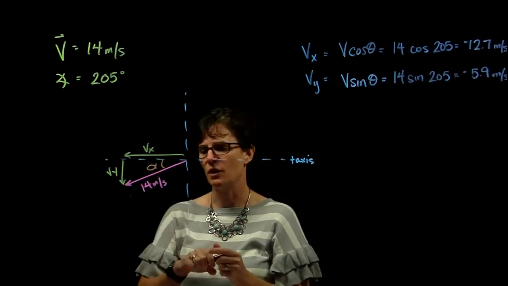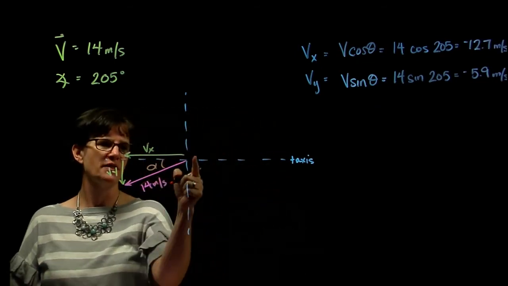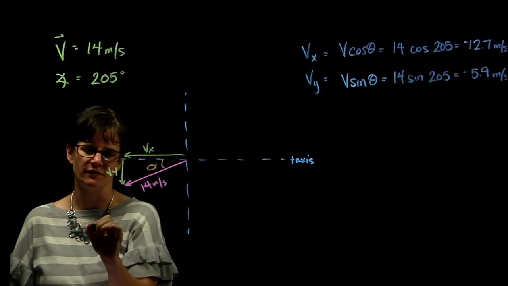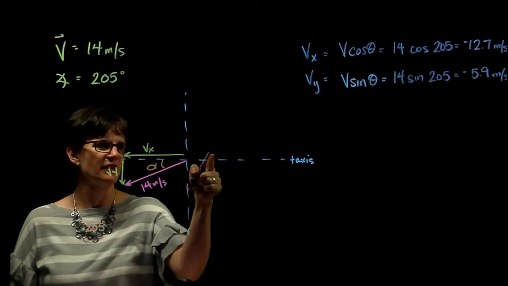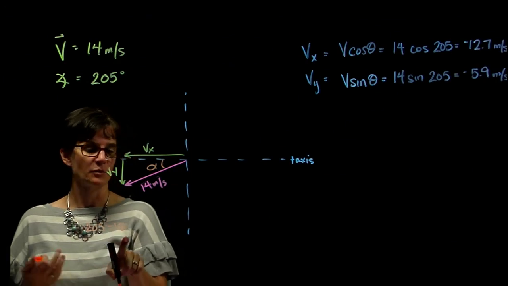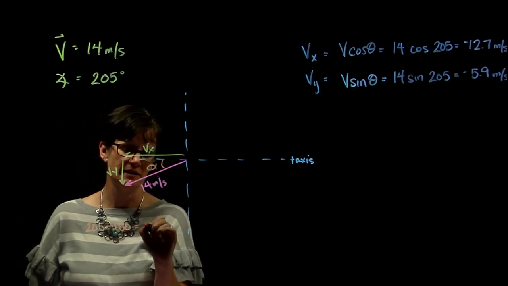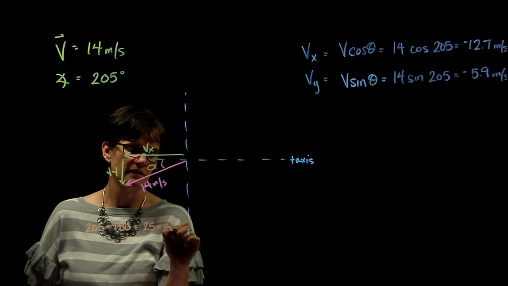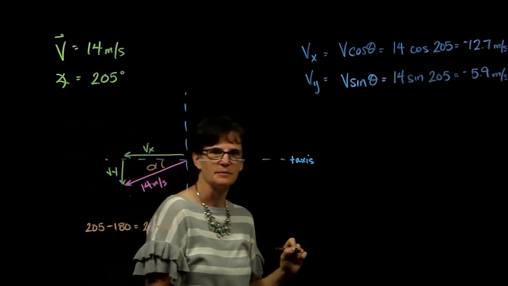So first of all, what is alpha? Well, we know that this total is 205, and if I subtract the 180, 205 minus 180 is 25 degrees. So 25 degrees is my alpha.